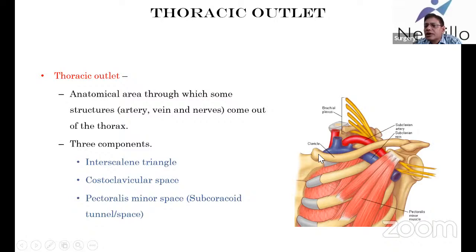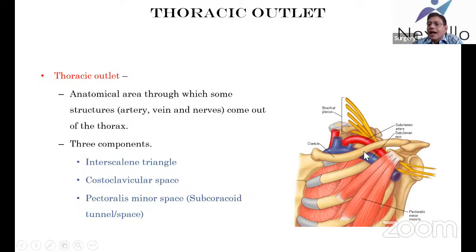That means here in this picture, this is the clavicle, and down here we have the first rib, which is going back down here like this, and this vein is coming out from between these two areas. These two structures, the nerve and the artery, are coming in between the scalenus anticus and the scalenus medius muscle through the interscalene triangle.